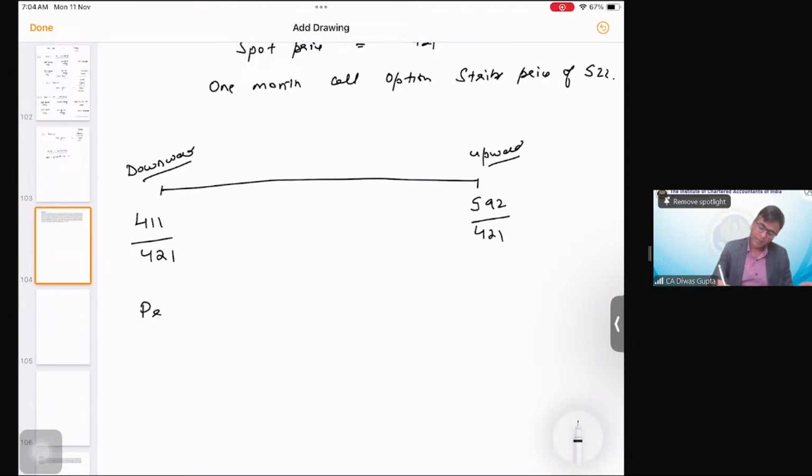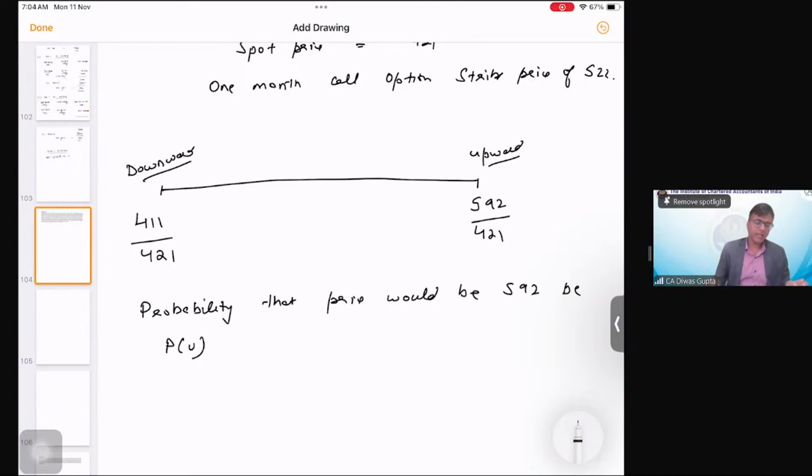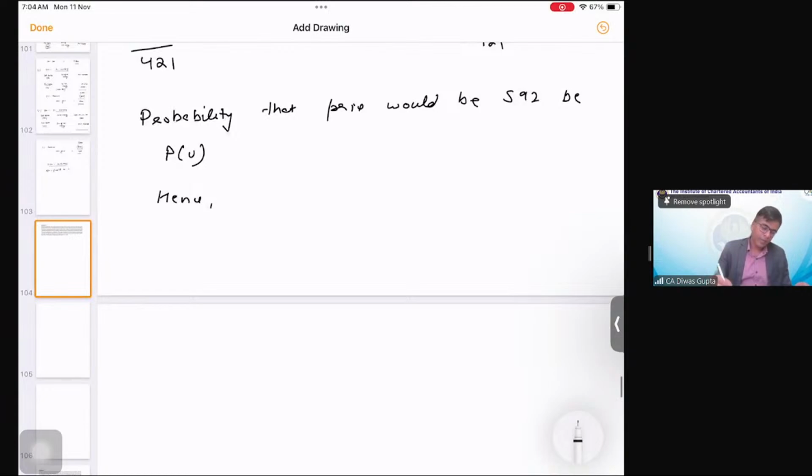Now the probability that the price would be 592, P(U), probability of price going upward, and hence PU is equal to e raised to the power RT minus D divided by U minus D. This was the formula.